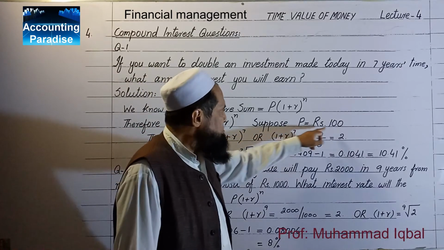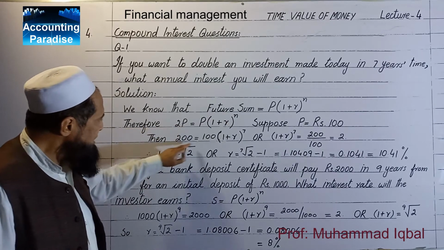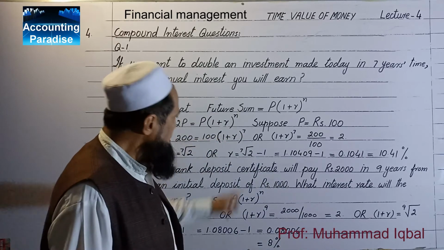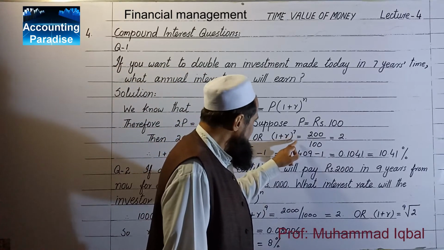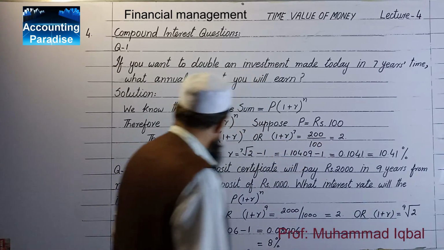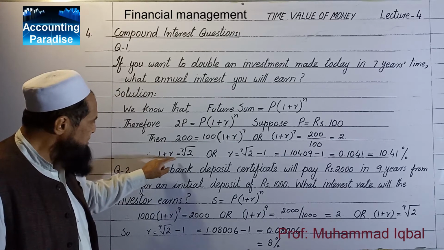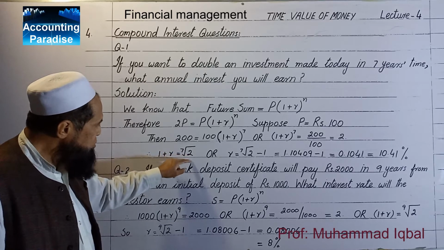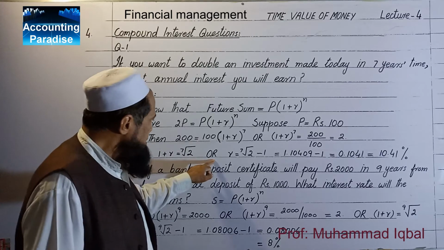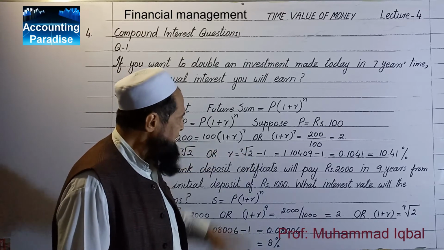Suppose P is equal to rupees 100. Then 200 is equal to 100 into 1 plus R raised to the power 7. Or 1 plus R raised to the power 7 is equal to 200 over 100, which is equal to 2. Therefore, 1 plus R is equal to the 7th root of 2, or R is equal to the 7th root of 2 minus 1.